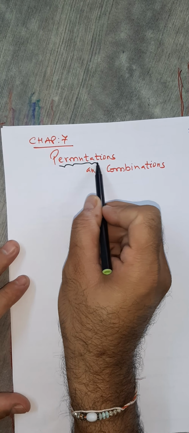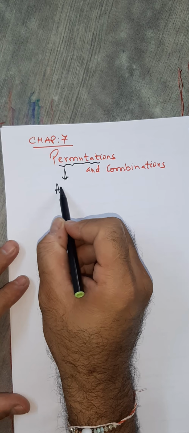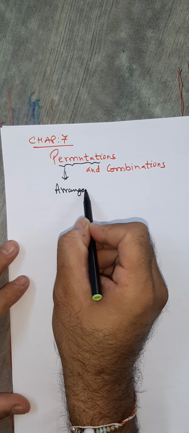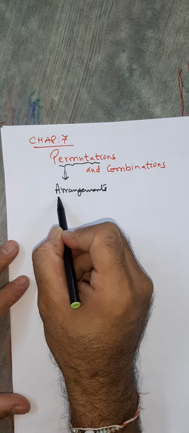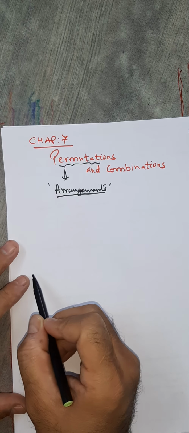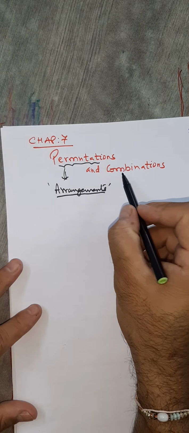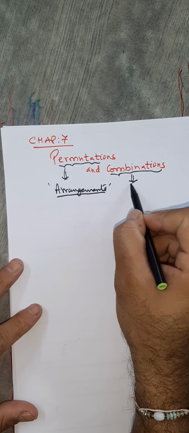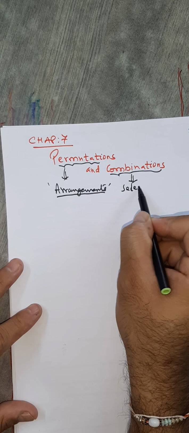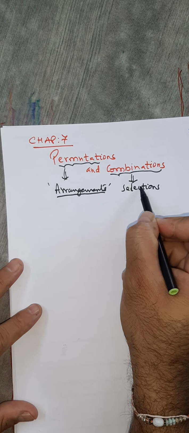Permutation means precisely arrangement, remember. Permutations means arrangements of objects, and we'll have that concept here. Combination means selections, where the order is not important.